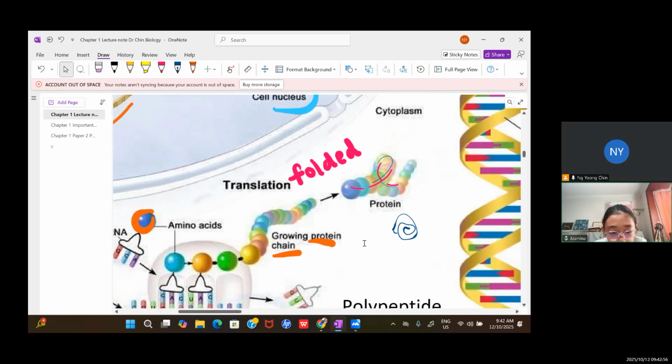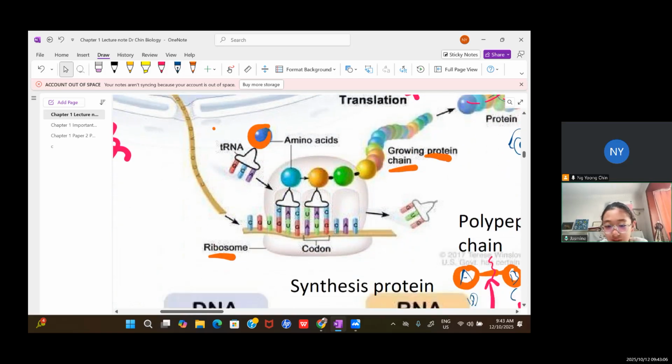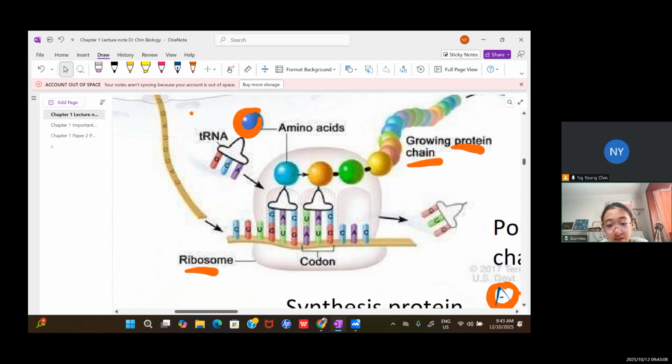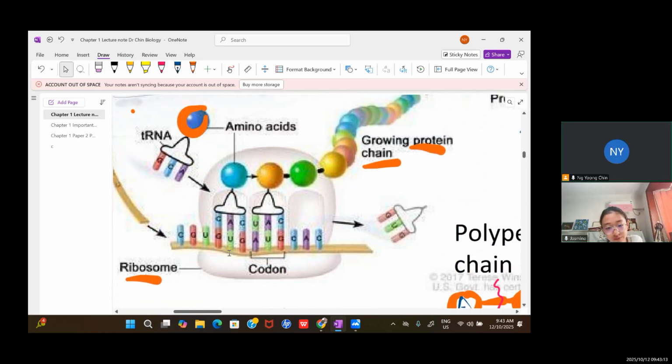What is a codon? A codon is 3 bases. Codons are just the name given to the bases on the mRNA, because this is messenger RNA, mRNA.